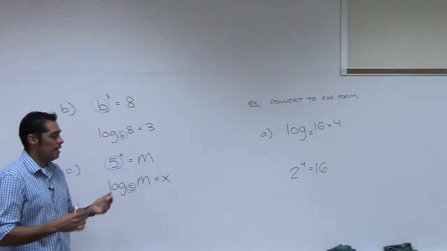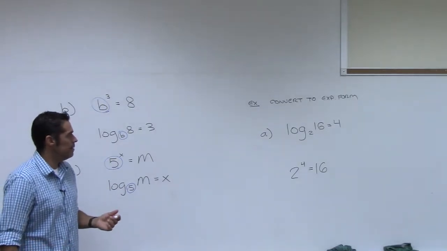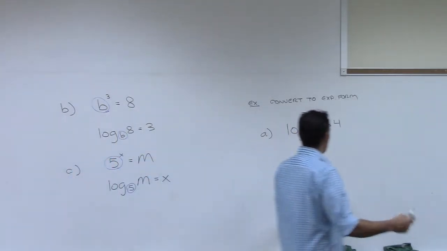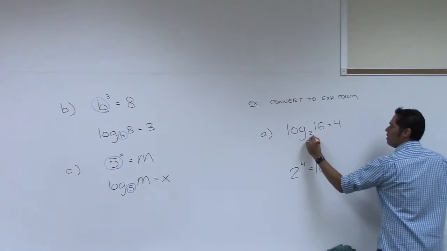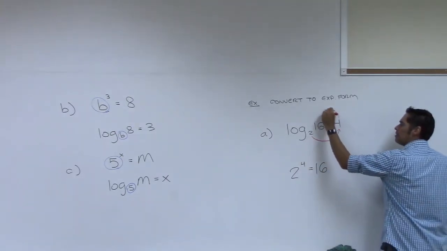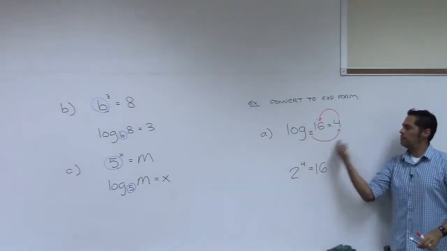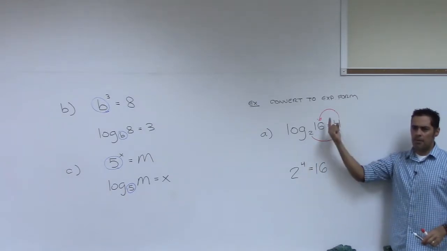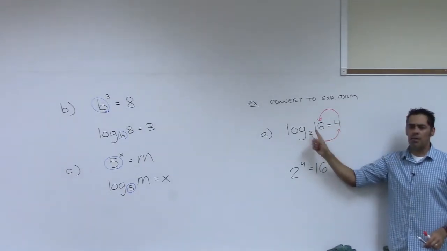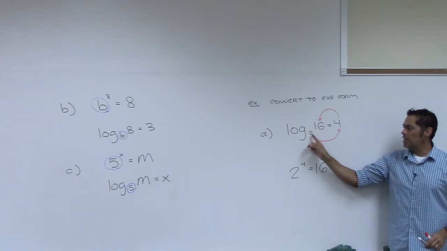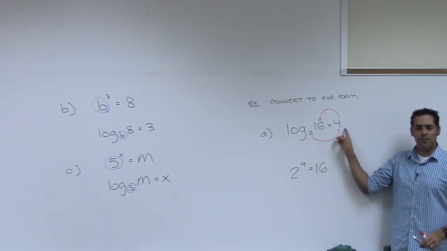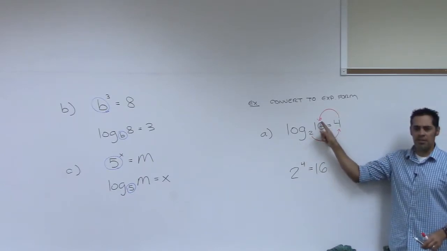I've never seen a book approach it this way, but I call it the loop. It's a way to remember this. You create this little loop right here. Do you see this little loop? It goes like that. So when you see a logarithm and you want to go to exponential form, you take 2 and you raise it to the 4 and you set it equal to 16.